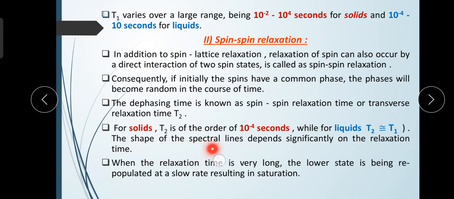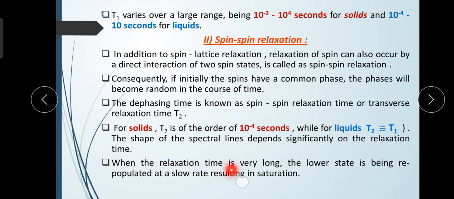The shape of the spectral lines depends significantly on the relaxation time. That means in both relaxation processes we have two times. That is, for the spin lattice relaxation process we have the spin lattice relaxation time, and for the spin relaxation process we have the spin relaxation time, and the shape of the spectral lines in NMR depends on these two relaxation times.